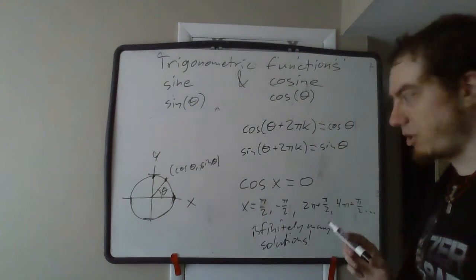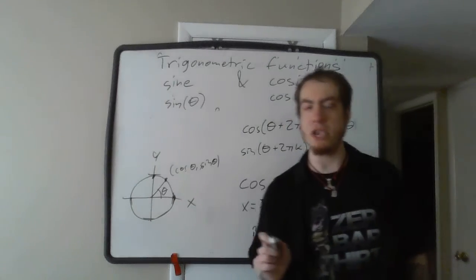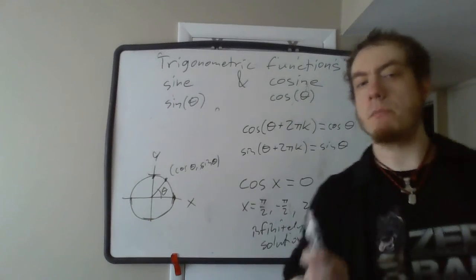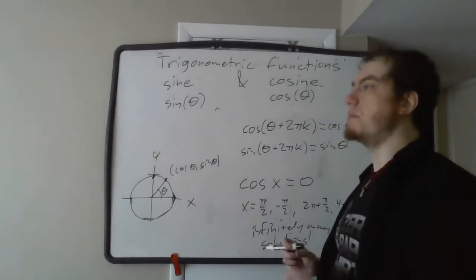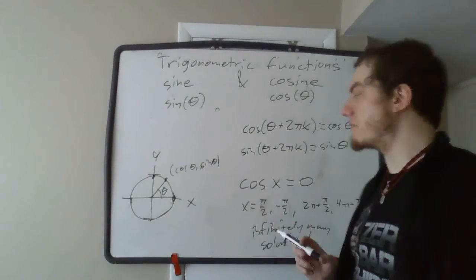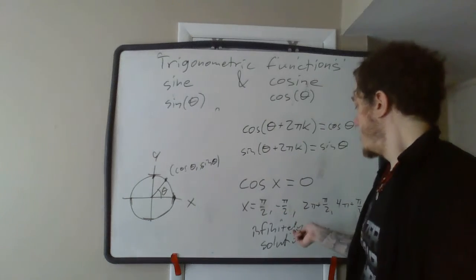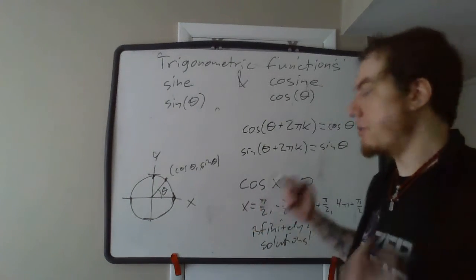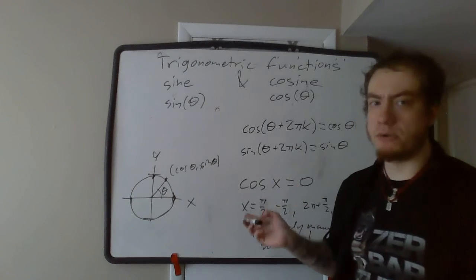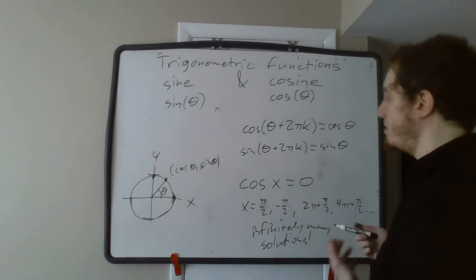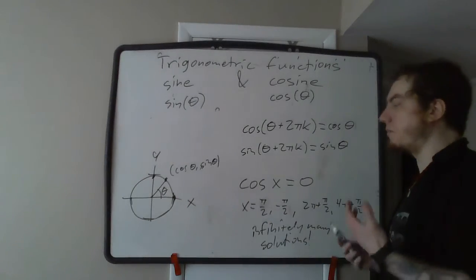Well, this is impossible if cosine were a polynomial, because remember, the number of solutions to a polynomial, counting multiplicities, has to be less than or equal to the degree of the polynomial. You can't have an infinite degree polynomial, so because this has an infinite number of zeros, that means this cannot be expressed as a polynomial function.